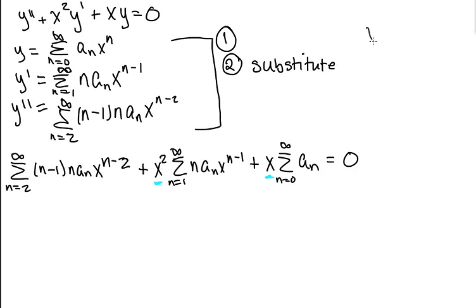For example, if we had x squared times x to the third, that is just x to the 2 plus 3, which is x to the fifth, right? So x squared times x to the n minus 1 is just going to give us x to the n plus 1, right? Because it's 2 plus n minus 1, which is just n plus 1.